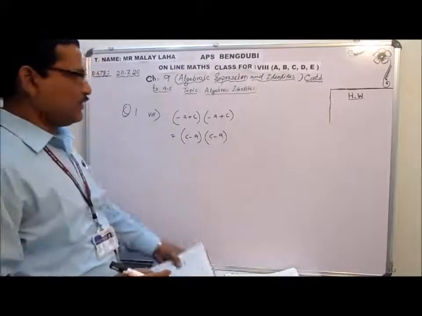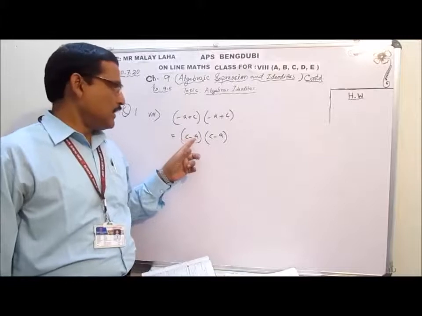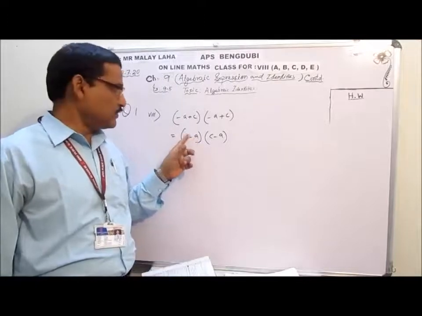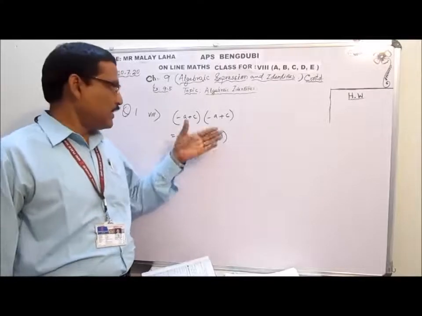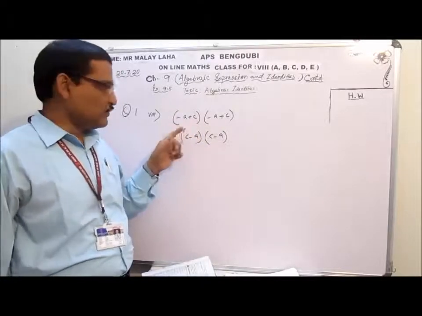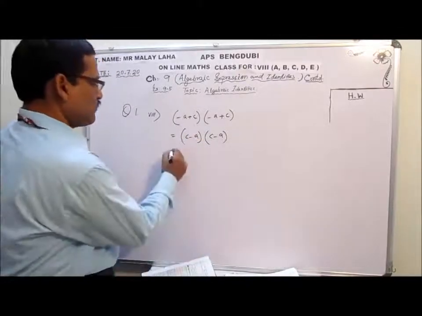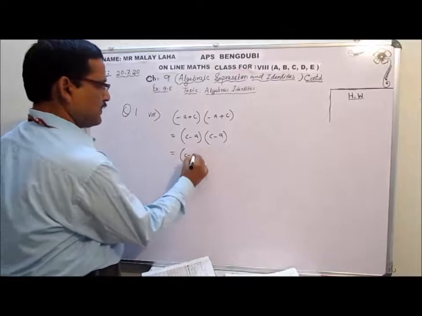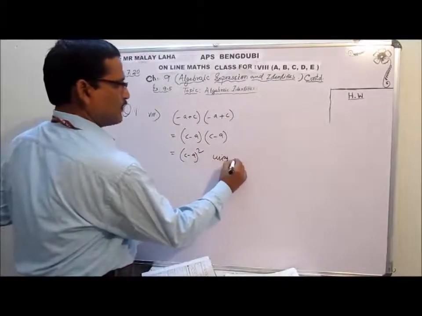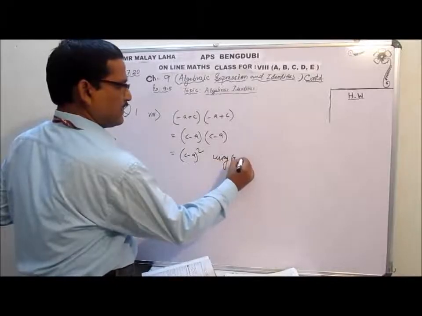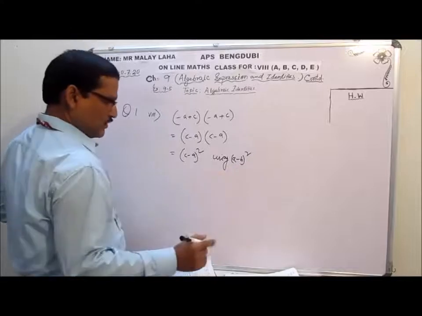Now it is following (a minus b) whole square, where a refers to c and b refers to a. Understood my point? I have changed this position so that it follows a particular identity. Now that equals (c minus a) whole square, using the (a minus b) whole square identity.